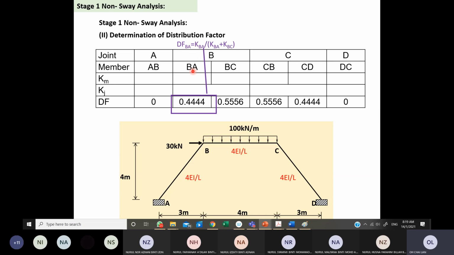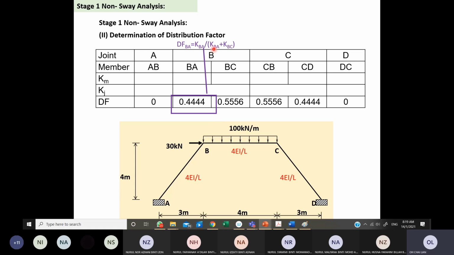For DF BA, because we are talking about BA, it is close to B and it is for member BA. So you're talking about KBA, which is 4EI over 5, divided by KB. KB means there are two members joining at joint B, so it will be KBA plus KBC.